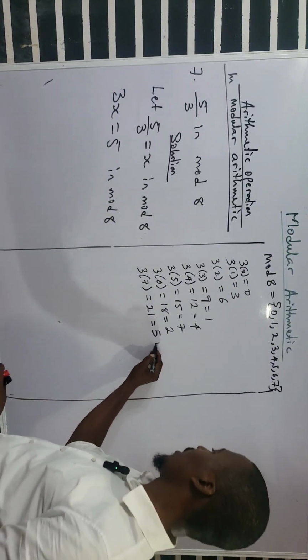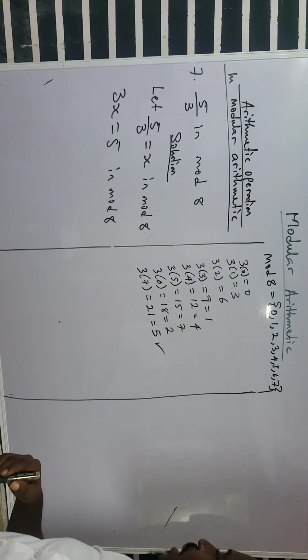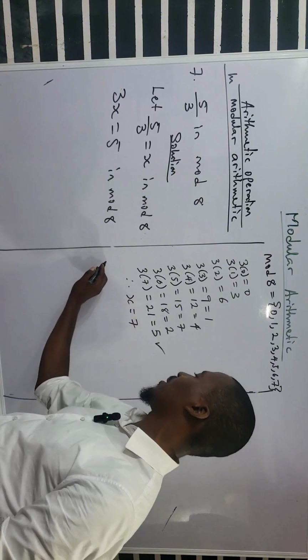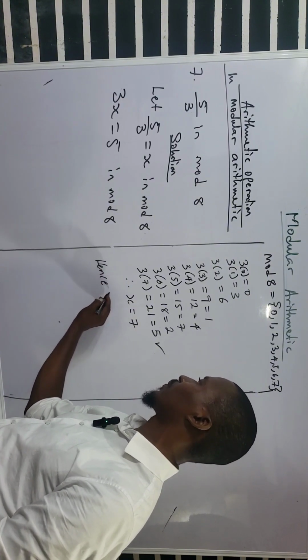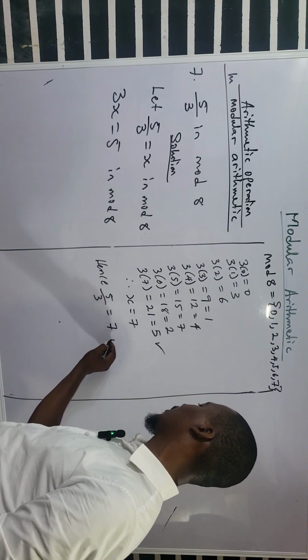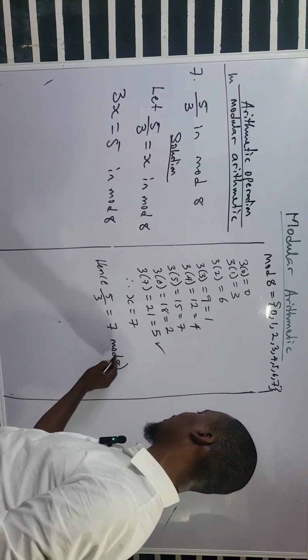Okay, so this is the answer we are looking for. Therefore, x is equal to what? 7. Hence, 5 over 3 will give us 7 in modulo 8.